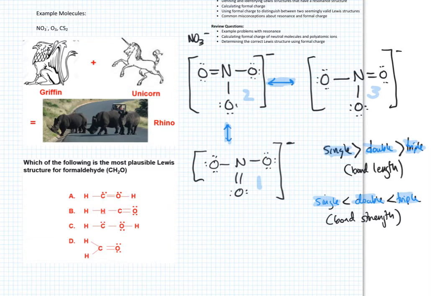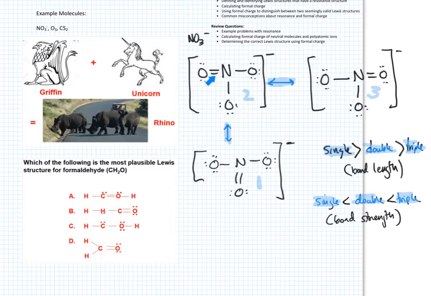So if this structure was correct, this would be implying that there are 2 longer and weaker bonds and 1 stronger bond. Correct? I mean, if this model was actually correct, what this would be saying is we've got a short, stronger bond and a longer, weaker bond.